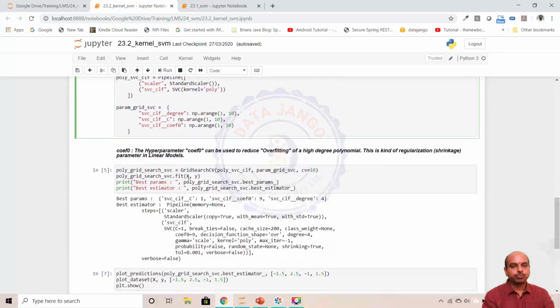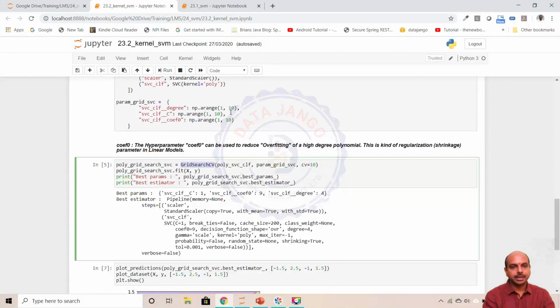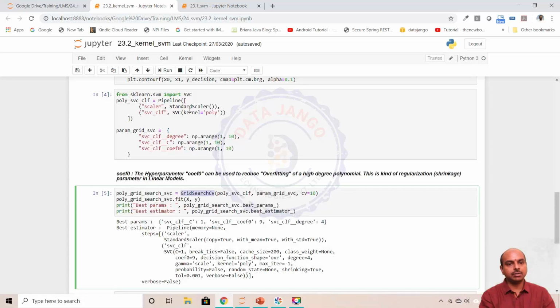Okay, so I have taken GridSearchCV and I passed 9 values each. So it's going to build 9 into 9 into 9 models. Degree will take 1 to 9, C will take 1 to 9, and coef0 also will take 1 to 9.